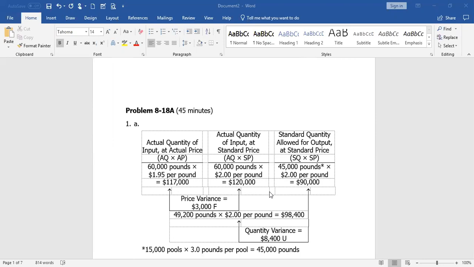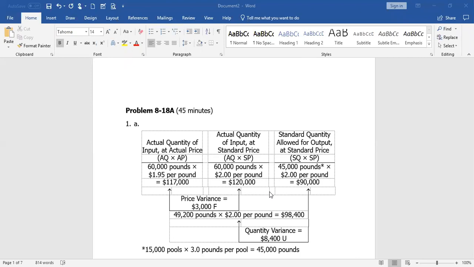Standard quantity, what did we expect? 45,000 pounds. And how do we get that? 15,000 pools were produced, 3 pounds each.